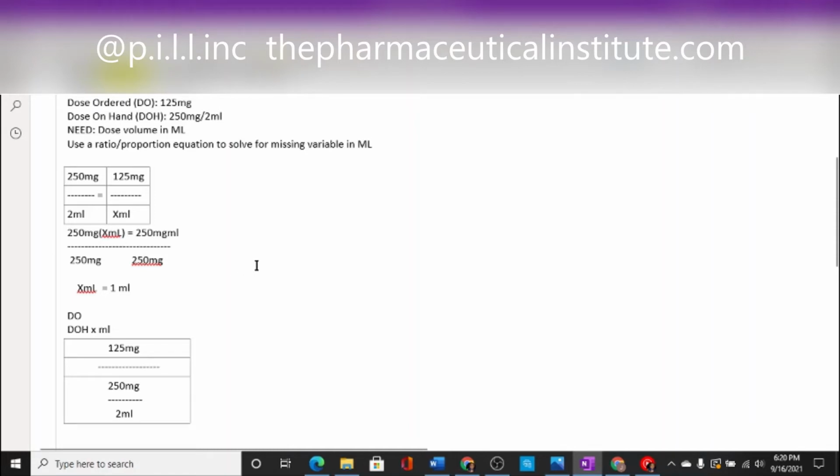We then divide both sides by the value that is with our unknown milliliters. That is 250 milligrams on this side with our unknown variable. So we'll divide the left side by 250 milligrams and the right side by 250 milligrams. Next, I want to make this a little bit larger for us.